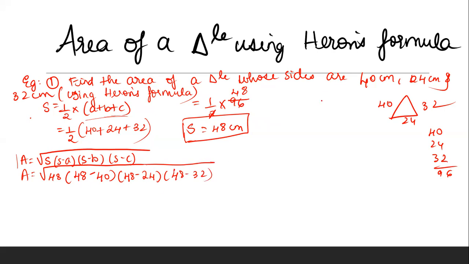Now let's subtract all of this. 48 minus 40 will give us 8. Then 48 minus 24 will give us 24. Then 48 minus 32 is 16.